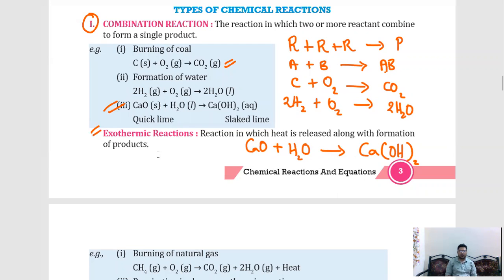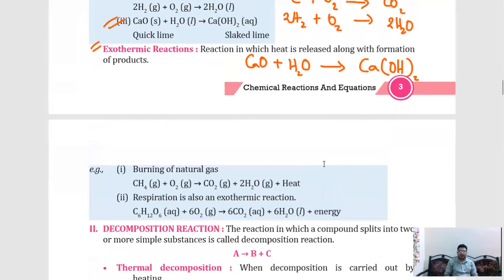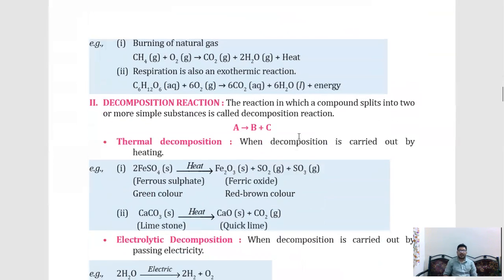There are two types of reactions, exothermic and endothermic. Exothermic means a reaction in which heat is released along with the formation of the product. Along with the product, heat energy is also released. You can see this example, burning of natural gas. CH4 is methane.